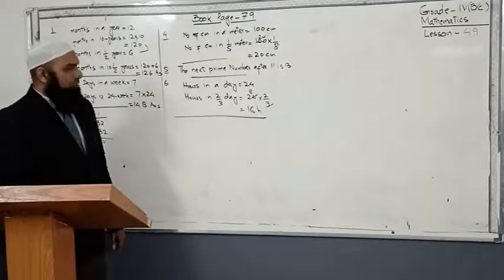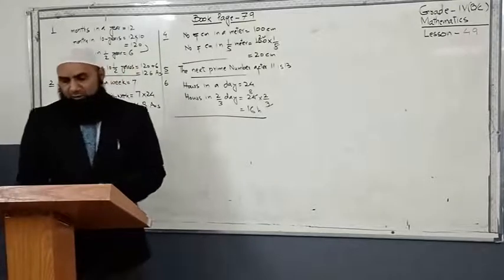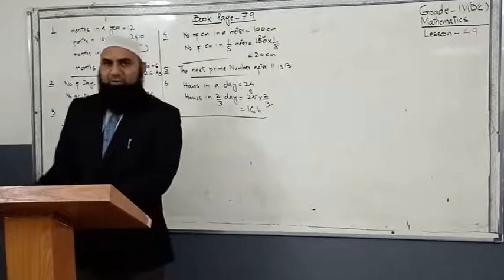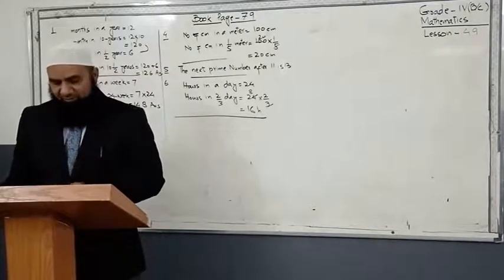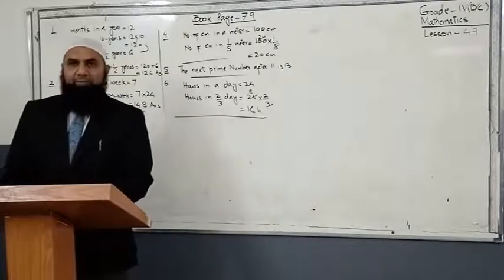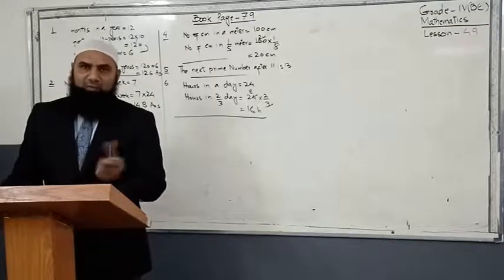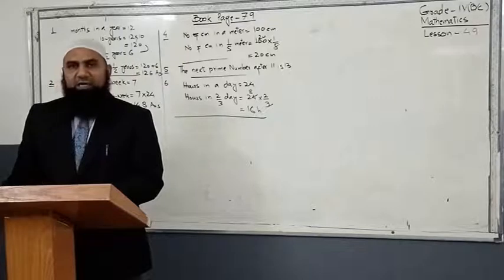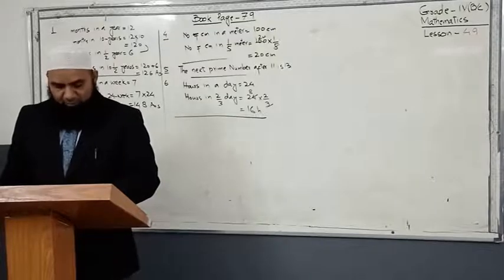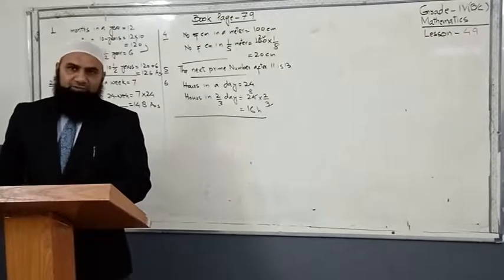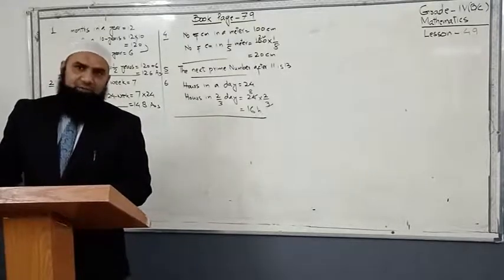Okay. Question number 7. Which of these are prime numbers? See on the book which of these are prime numbers. You know prime numbers are those numbers which have only 2 factors: the number 1 and the same number itself. 61 is a prime number because 61 is not divisible by any number other than 1 or itself. 49 is divisible by 1, 7, and 49, meaning it has more than 2 factors, so it is composite. 51 also comes in the table of 3 and 17, so it is also composite. 97 is a prime number.